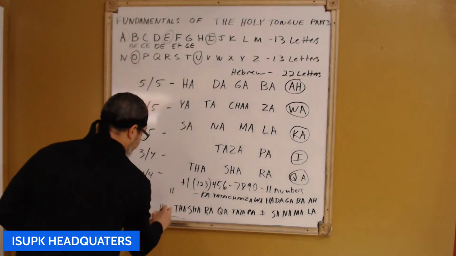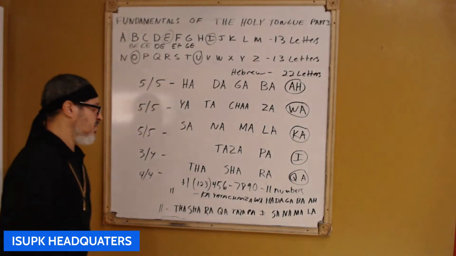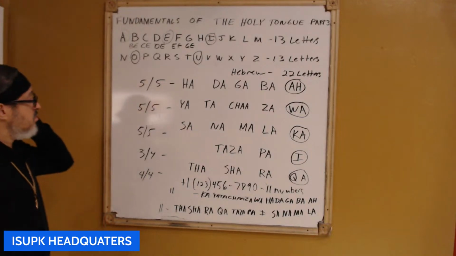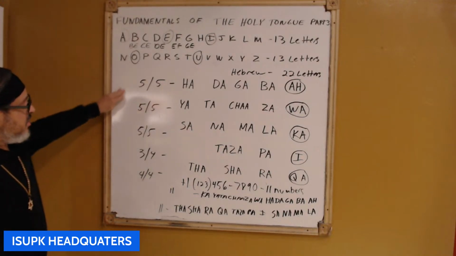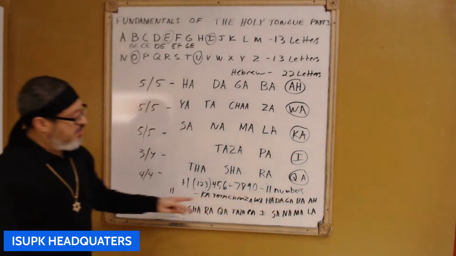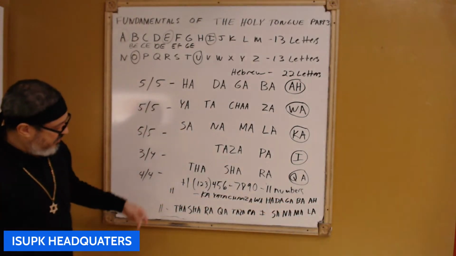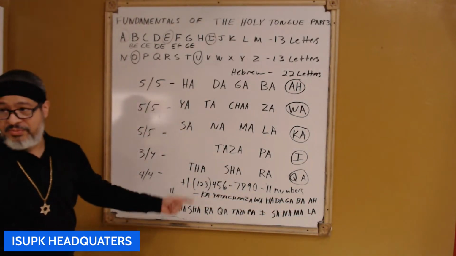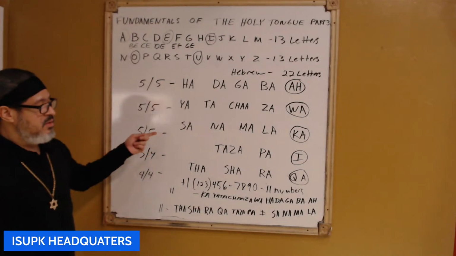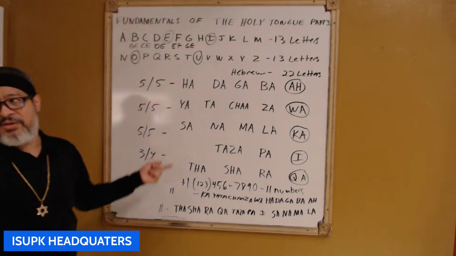Here's the next 11. So you can choose whichever way works best for you. Memorize it like this, or if you have really good memory and you can remember phone numbers like that. This is essentially the equivalent of memorizing 2 different phone numbers. But the most important thing is you have to memorize this.